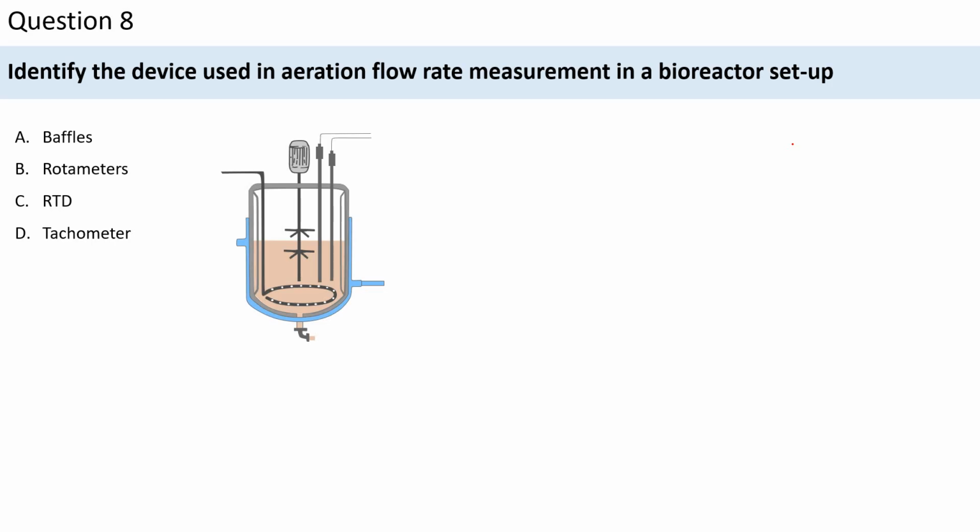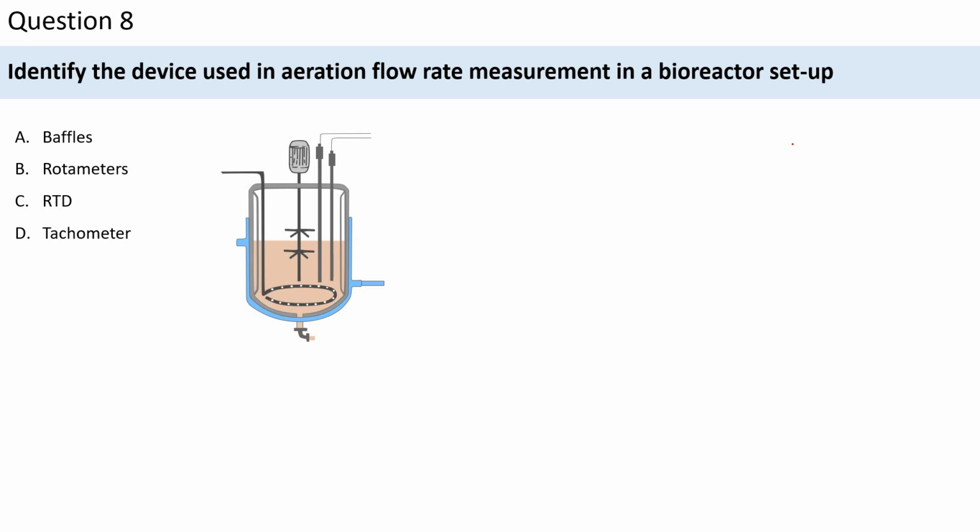For example, if the organism needs 5% and that has to be maintained, how can we maintain it? Either we can increase the rpm, or increase the air flow rate, or shift from the air cylinder to the oxygen cylinder. But we will mainly be playing with the flow rate as well as the rpm, even after shifting to the oxygen cylinder.